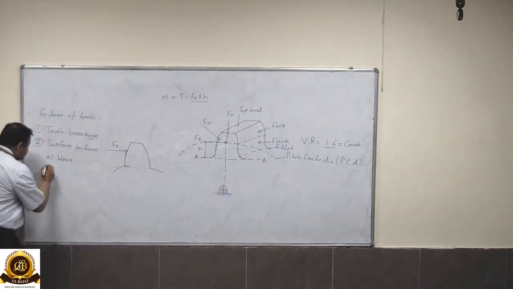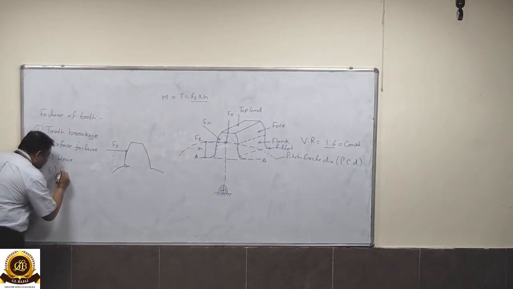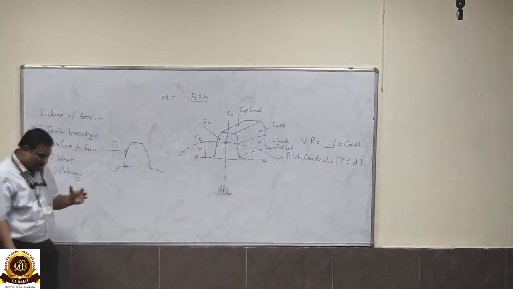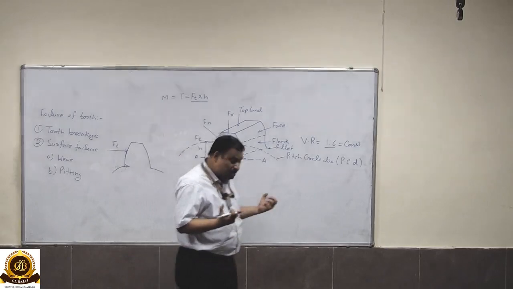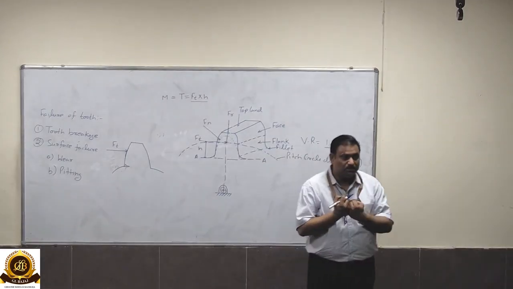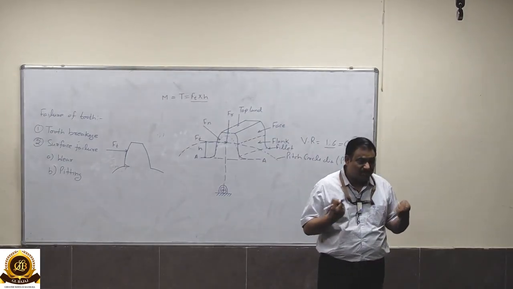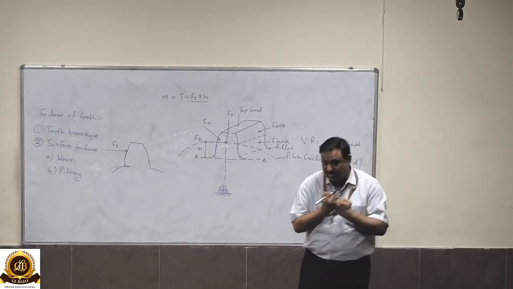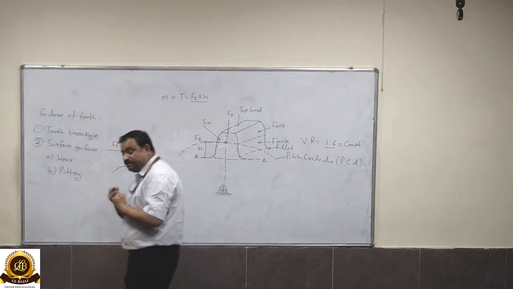The second is called pitting. Pitting is a phenomenon that occurs due to excessive load. Sometimes the load increases very high, and under this excessive load, the two teeth may compress against each other. Under this compression, pitting occurs.